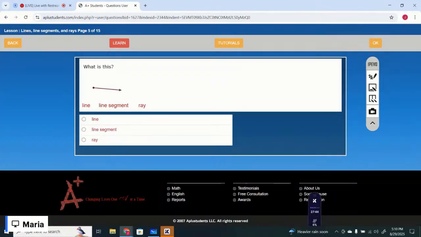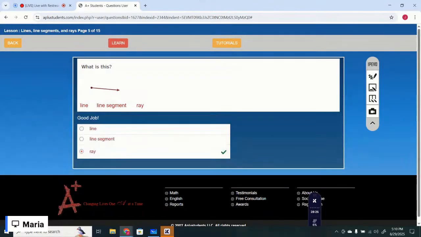What is this? Line, line segment, ray. That is a ray. Option number 3 is the correct option.